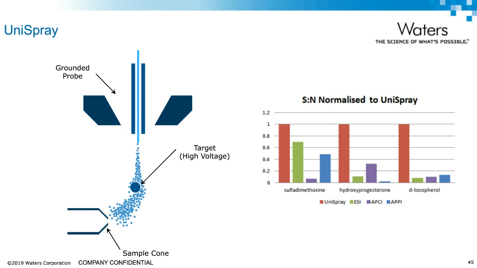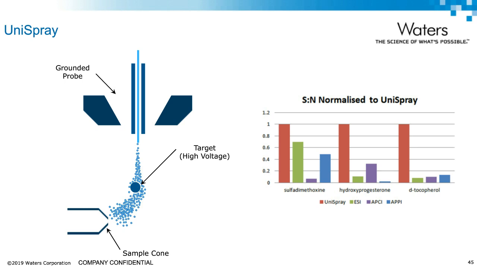The resulting ions and charged droplets are sampled by the first vacuum stage of the mass spectrometer via a sampling cone. As you can see in the bar chart to the right, Unispray can provide greater ionization efficiency for some compounds over other techniques, giving analysts another option when looking at atmospheric pressure ionization.